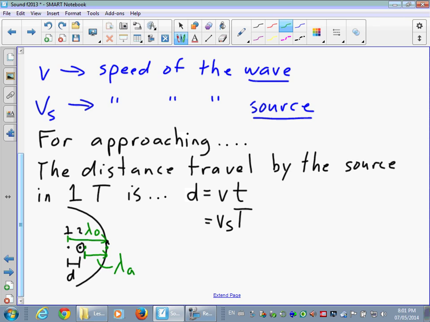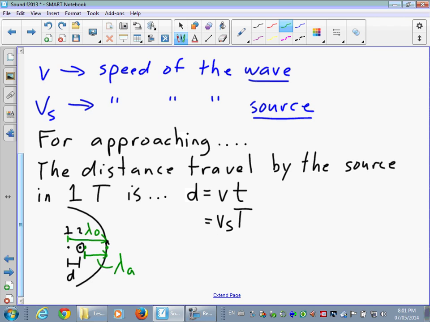Remember, the whole reason that the apparent wavelength is decreasing, or the approaching wavelength, is that the object is moving towards the direction that the wave is moving. So when at position 1, when the wave was generated, the wave started to move out at a certain speed, but the object was essentially following it. So the object was moving towards where that wave was moving, and then it started to emit another wave.